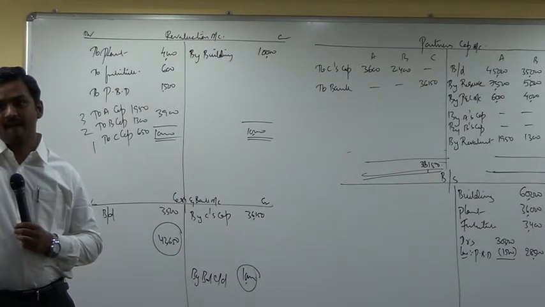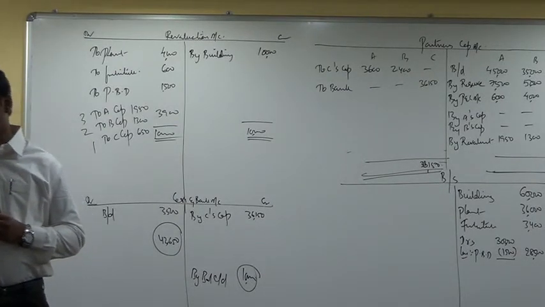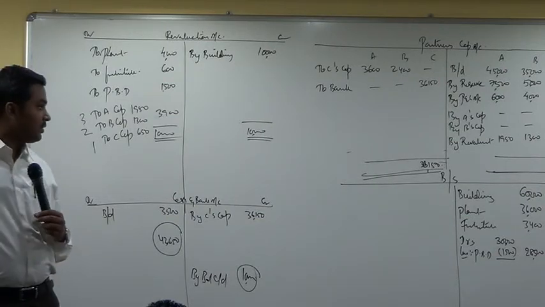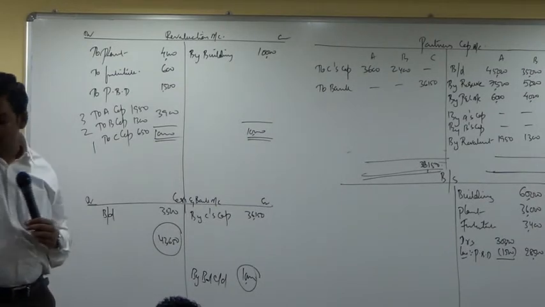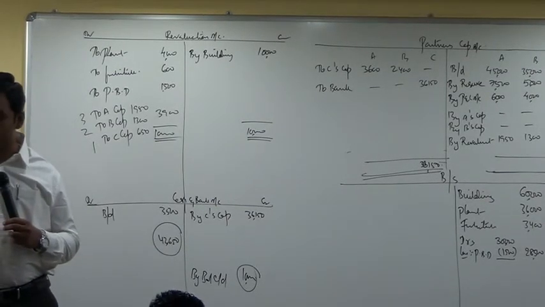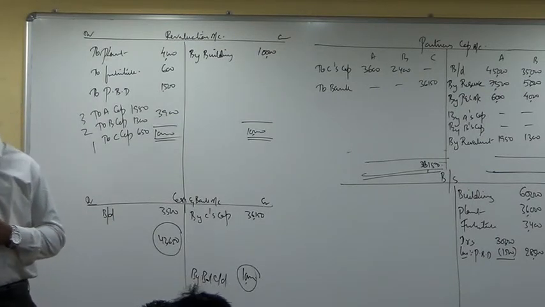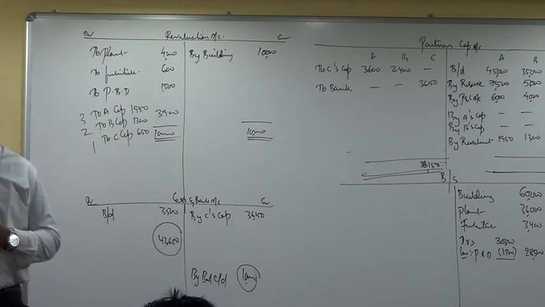Shortfall 42,650 to be shared in 3:2 ratio among A and B. Or you can write, to be brought by A and B in the ratio of 3:2.